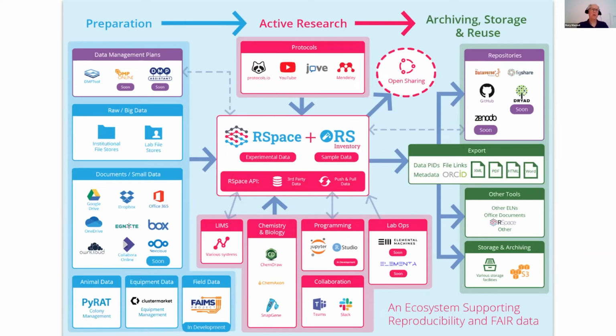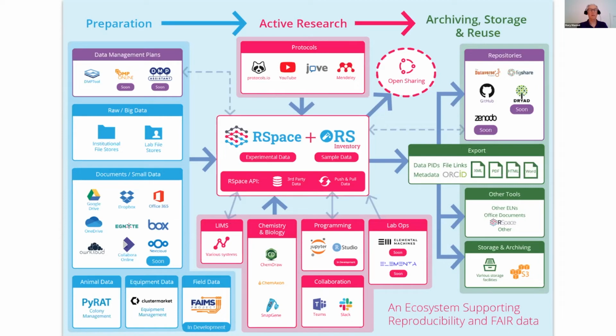We've also more recently incorporated the ability to bring in more specialist kinds of data, which are more likely to be found in specialist tools, and associate those with your experimental data. So we have an integration with an animal colony management app. Our newest integration is actually with Clustermarket, which is quite exciting. So you can now also associate the record of the equipment that was used in an experiment with the experimental data.